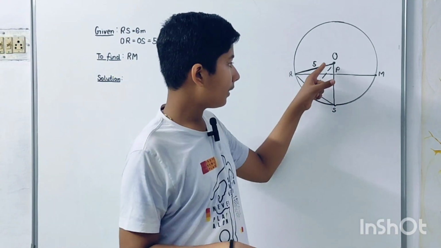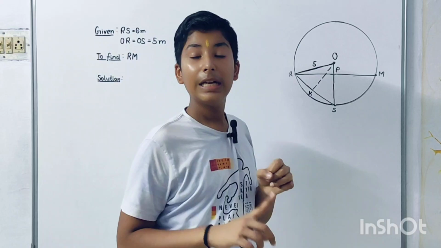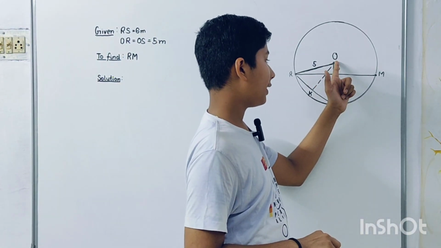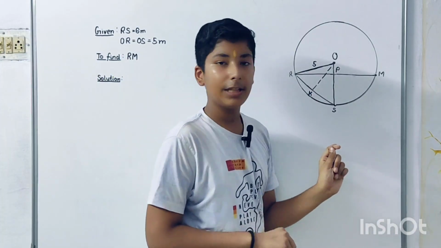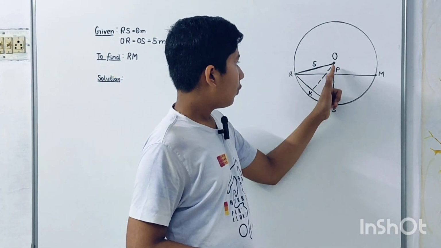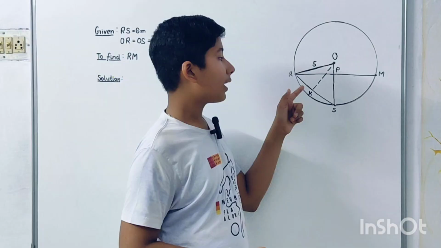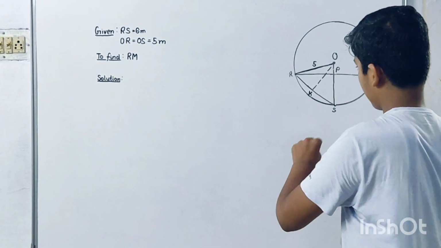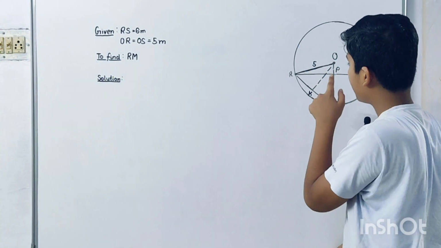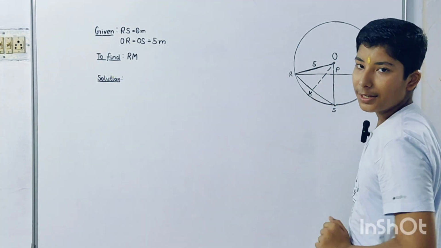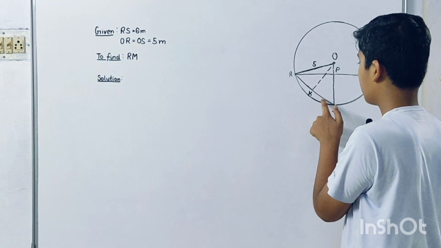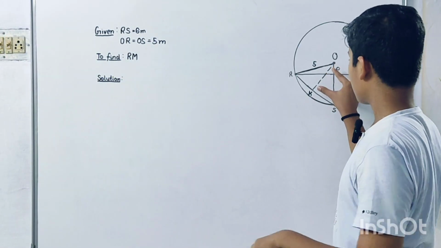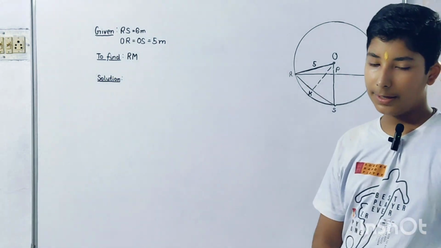This side is 5, this side is also 5, and in construction we have extended point O to point K such that OK is perpendicular to RS. Means we have drawn a perpendicular on this side.